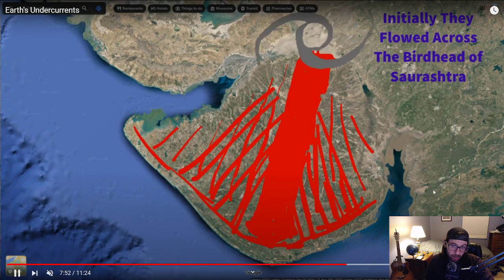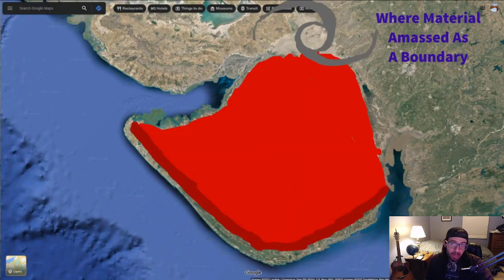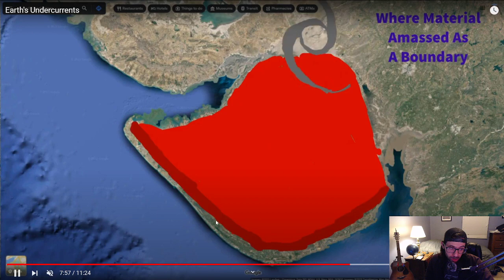Initially, they flowed across the bird head of Saurashtra, where material amassed as a boundary, just like in North America. So my thoughts are that this whole region just physically was not there. It was more like this.